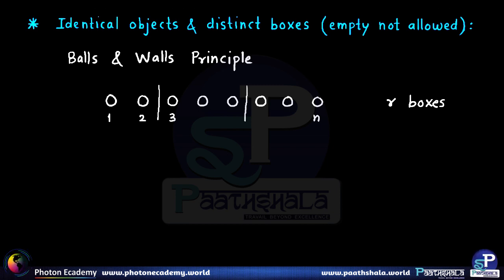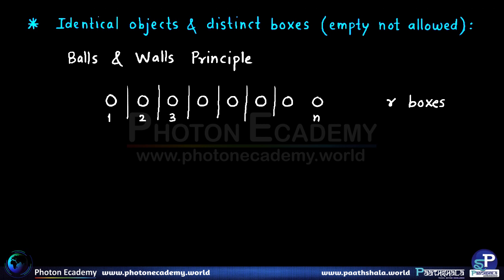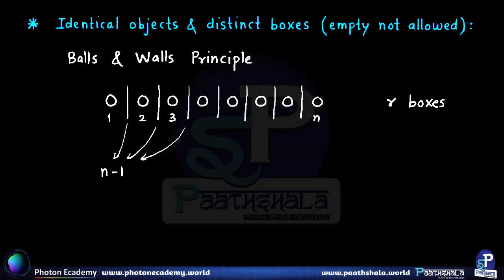To use this principle, we first have to think of how many possible locations there are to draw the separators. As we can see, there are a total of n-1 places where we can draw the separators. Now if we want to distribute into R boxes, then we must have R-1 separators.